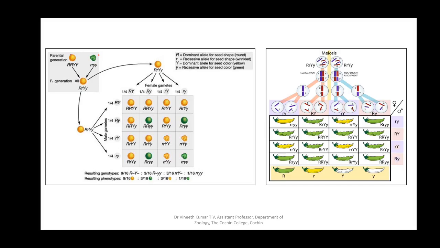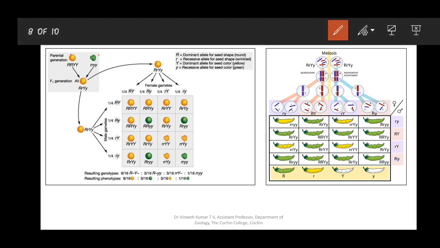On crossing, what he found was that in the F1 generation, he got a heterozygote, but the phenotype of the F1 generation was round yellow seeds. From this he came to the conclusion that the yellow and round traits were dominant over green and wrinkled.